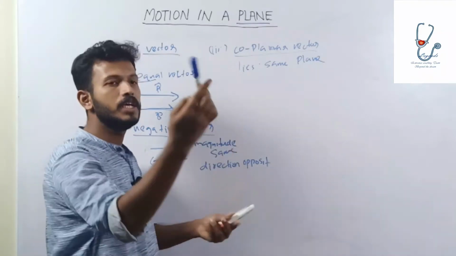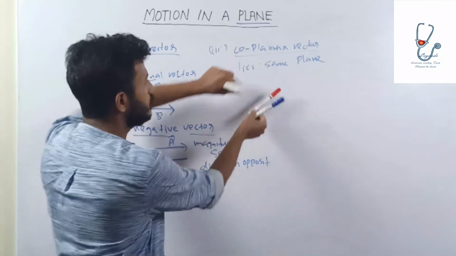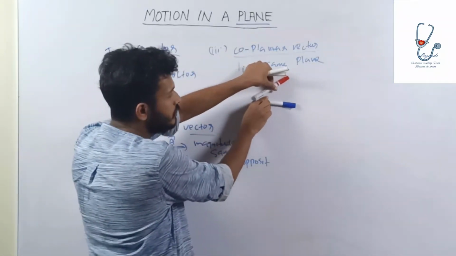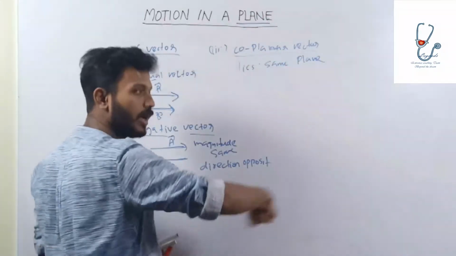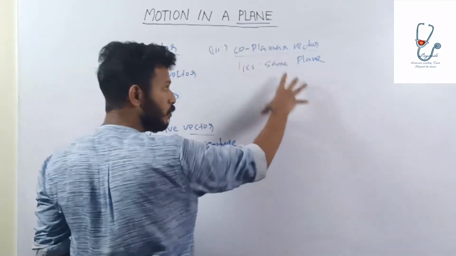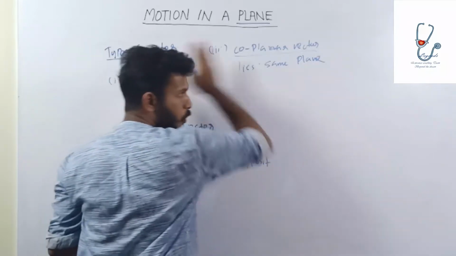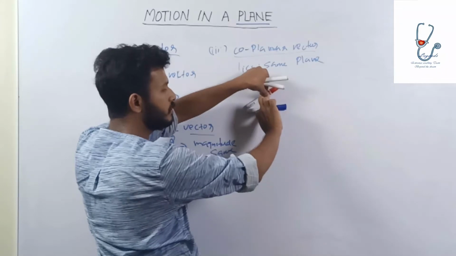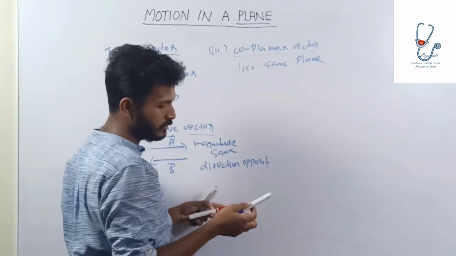For example, this is vector A and this is vector B, and these two lie in a single plane. This board is a plane. I already told that in an xy plane, the motion of an object on this board can be explained. So these two vectors lie in the same plane on a board. Clear? That means they are coplanar vectors.